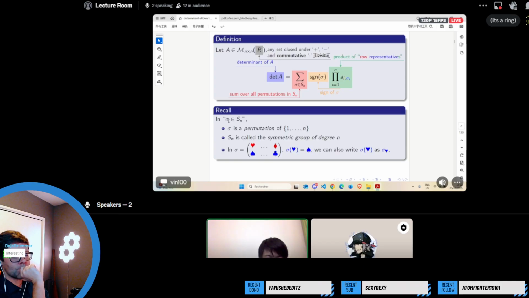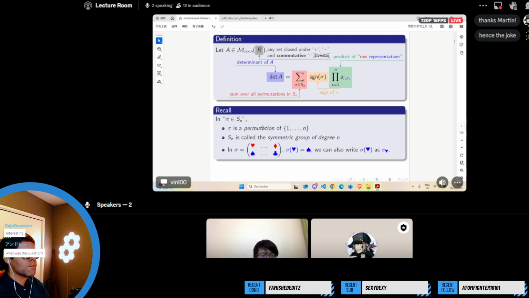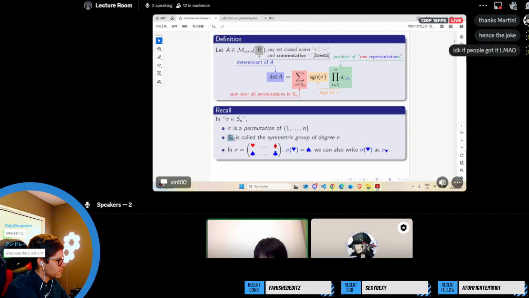here, since we will be talking about permutations, a permutation is treated like a bijection with the same domain and codomain. And then Sn is the symmetric group of degree n, but we won't be talking about anything about group structure at all.